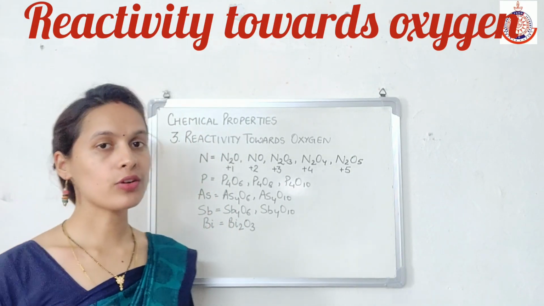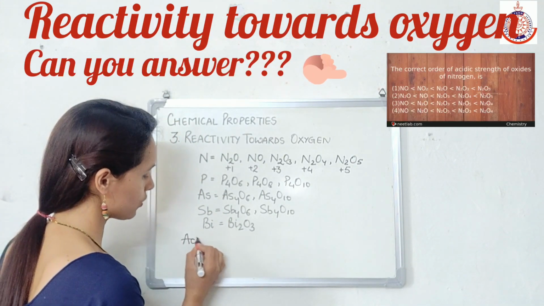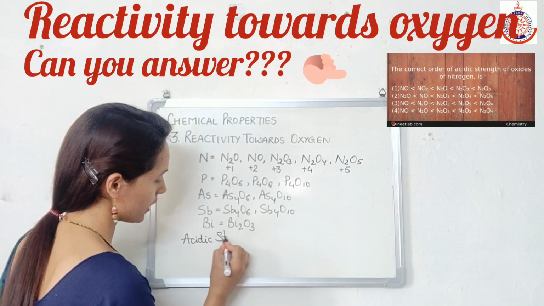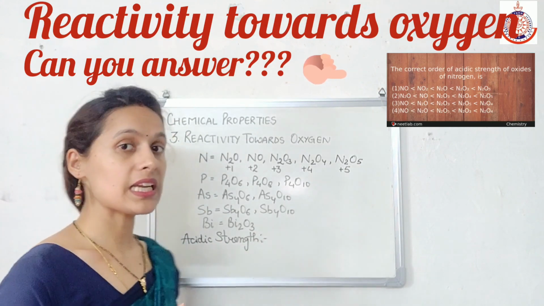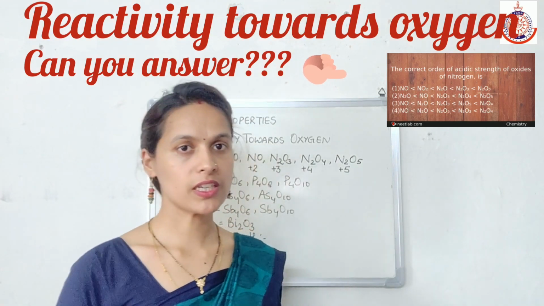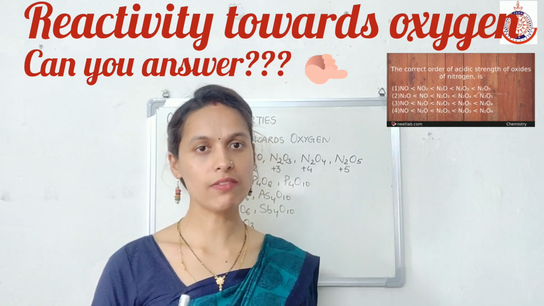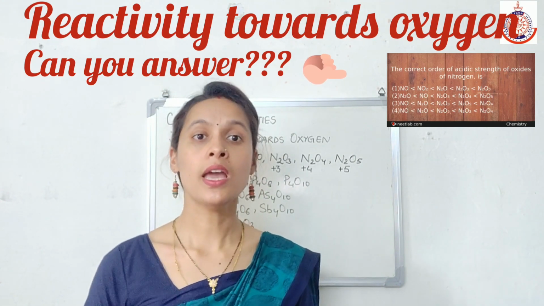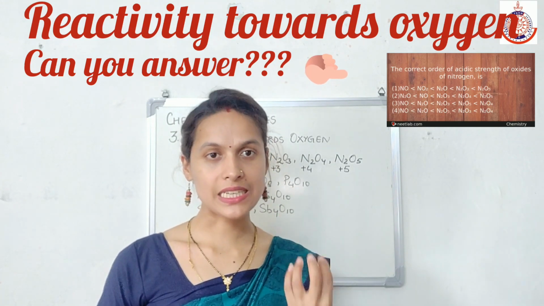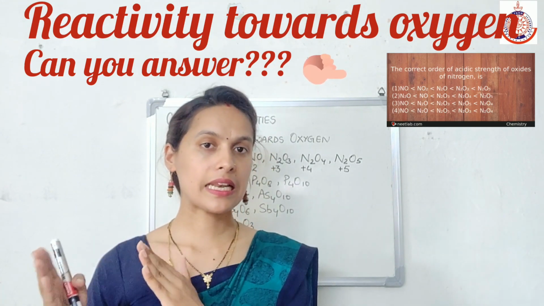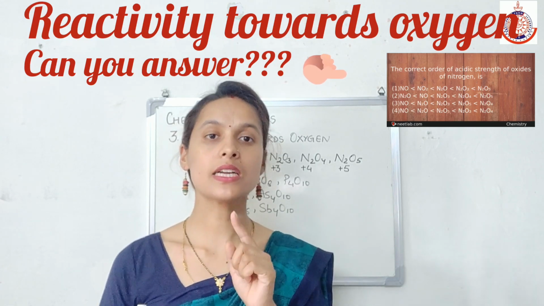Now, if I talk about the acidic strength of these oxides, then with increase in the electronegativity of the central atom, acidic character increases. Clear? With increase in the electronegativity of the central atom, acidic character increases.